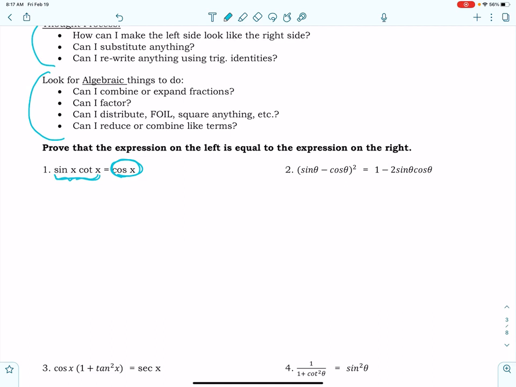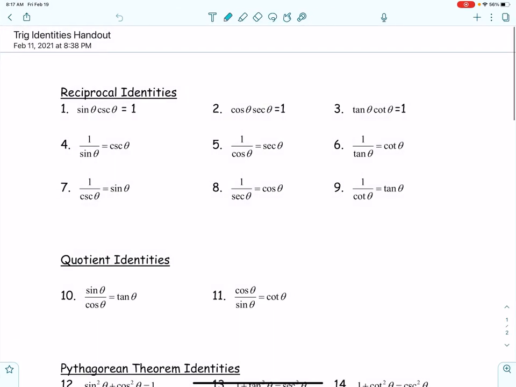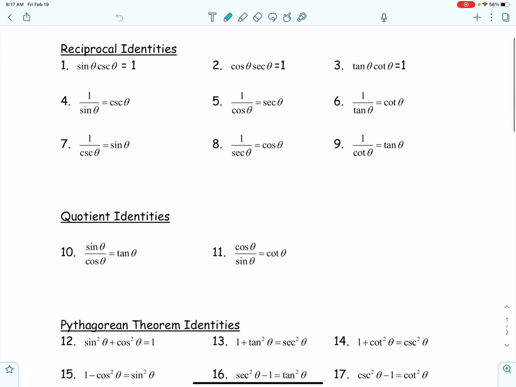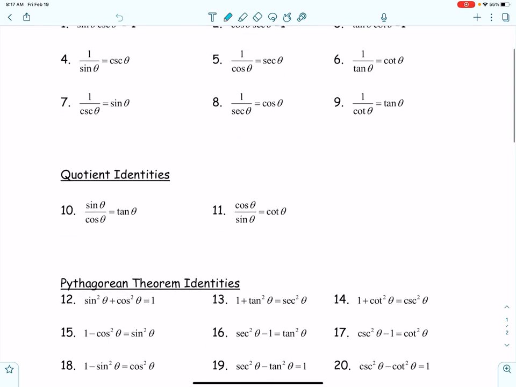So of course, with this one, since there's just two values multiplied together, sine x and cotangent x, I'm going to head directly to my identity sheet. So when I look at my identities, I know that I can rewrite cotangent so that it is cosine over sine, and that will help me because cosine's what I'm after.